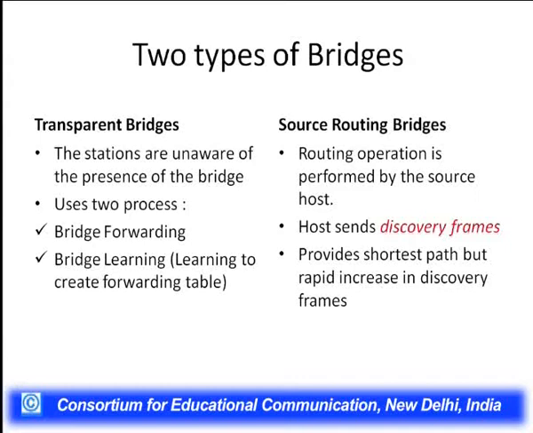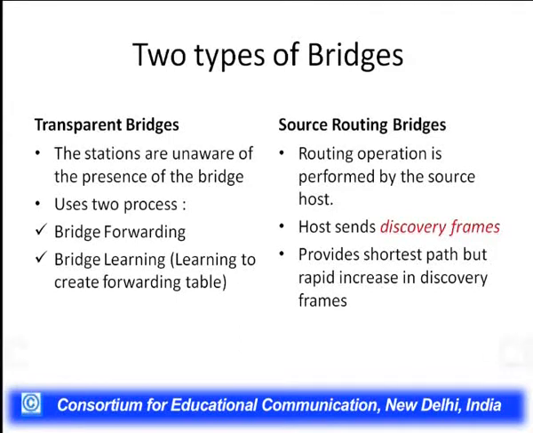Now, these frames traverse to all the hosts. The other hosts who receive this discovery frame may discard it, but the destination host will revert back with its address to the host who had sent the discovery frame. Therefore, the sender will know the shortest path to reach the destination.